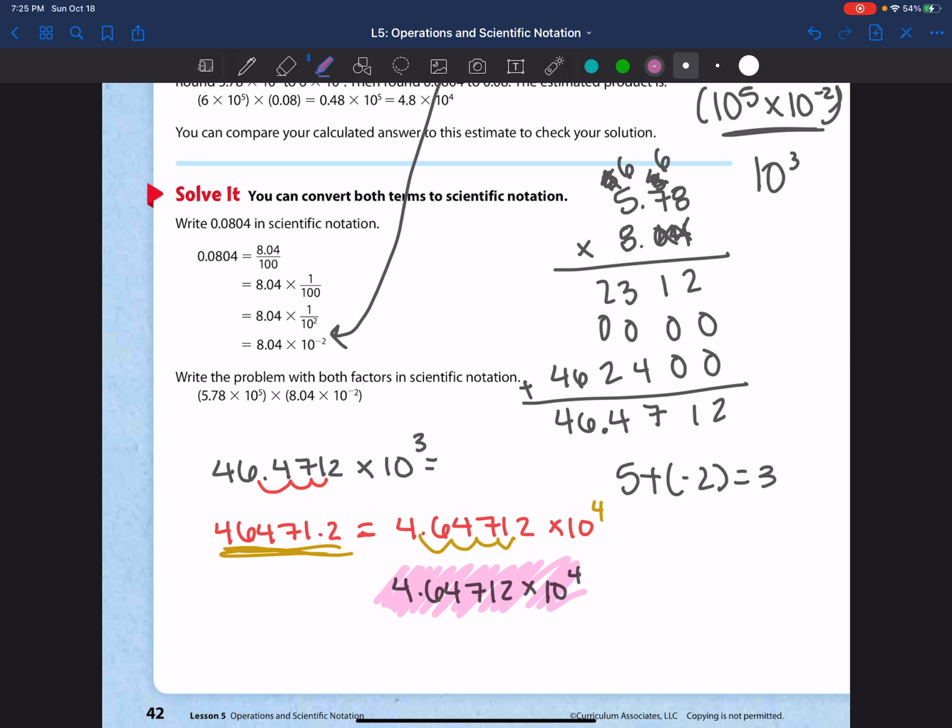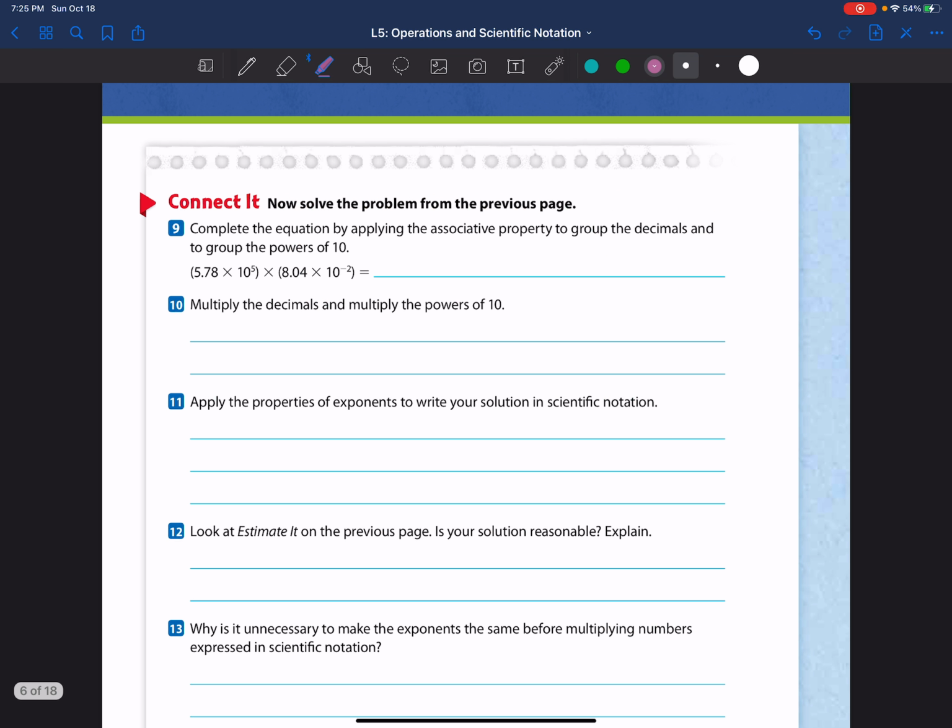All right, and let's go ahead and go through the connected. Number 9, complete the equation by applying the associative property to group the decimals and to group the powers of 10. So we're just regrouping. That's what associative property is telling us to do. Put that on your paper.